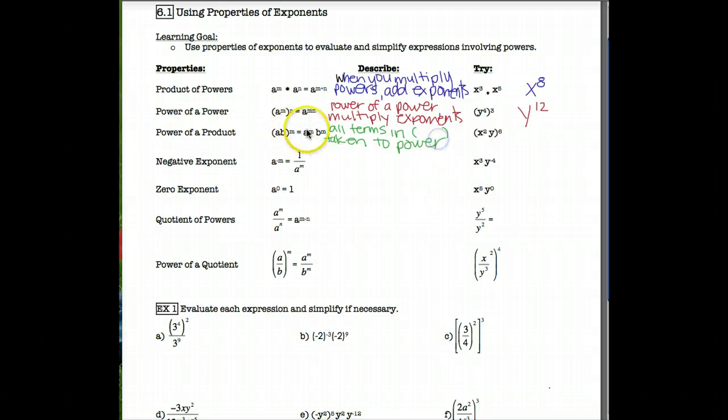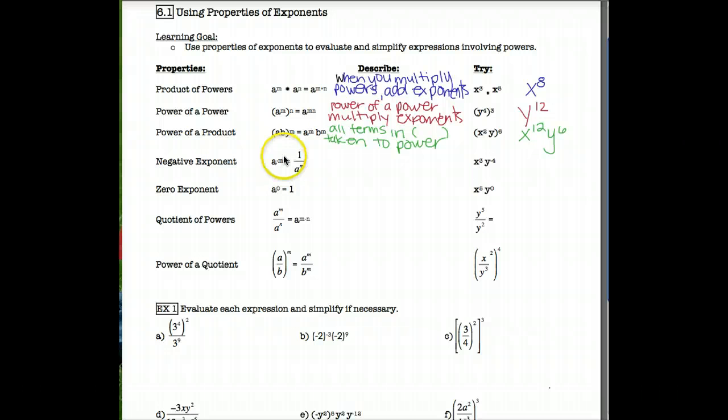So you'll see over here, the a got the m exponent, and so did the b. Over here, we have to make sure we take each of those terms inside to the 6th power. So x squared to the 6th would be x to the 12th, because we would multiply those exponents. y raised to the 6th power is just y to the 6th, so that would be our solution there.